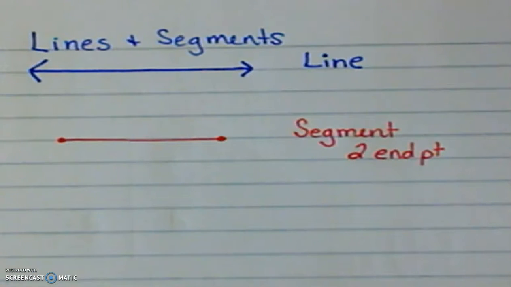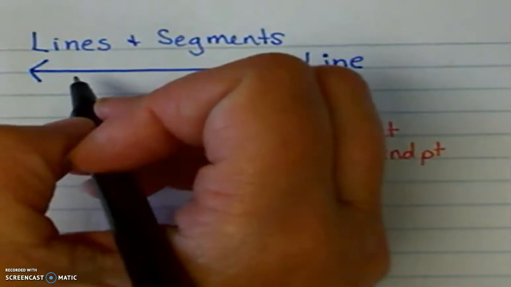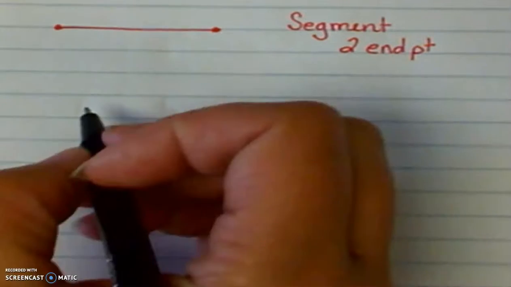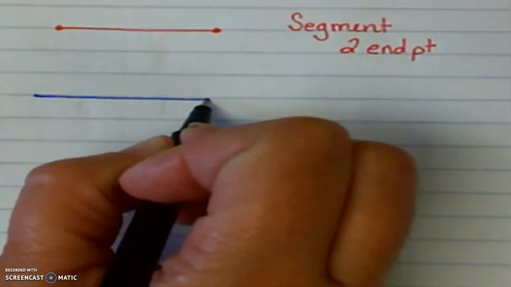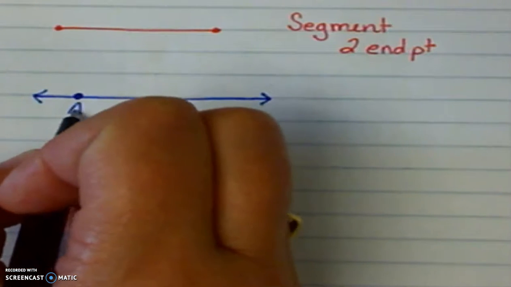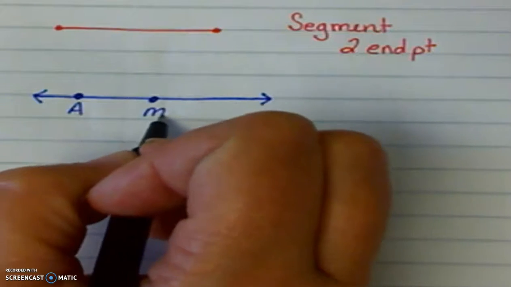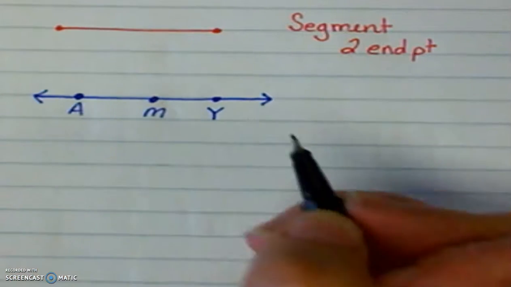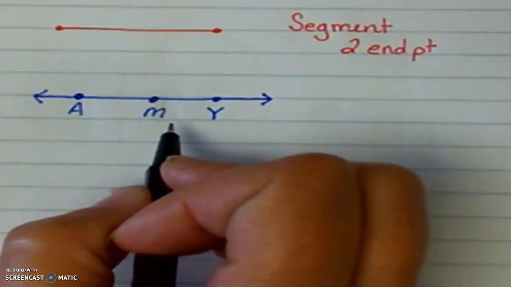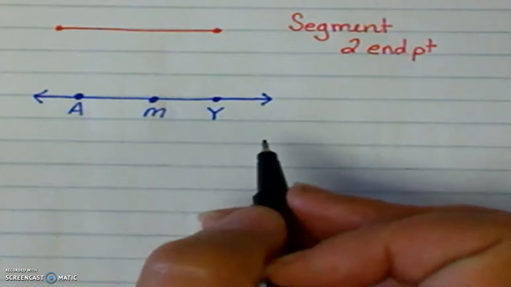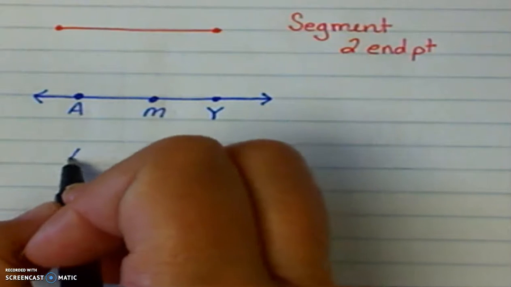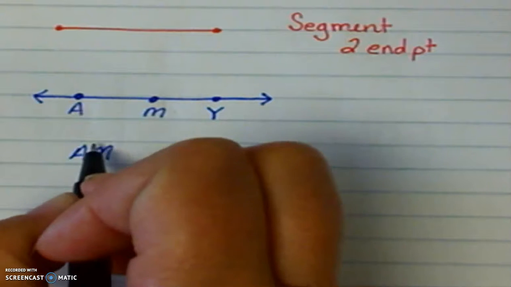Now, when we talk about a line, if we wanted to name that line, let's put another line up here, and if I were to draw a line and put some points on it, such as A, M, Y, and if I ask you to name that line, there's multiple ways you can name it. The thing about naming a line is it requires 2 points, any 2 points that are on the line. So I could refer to it as line AM.